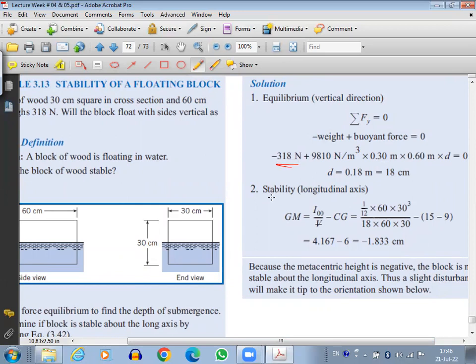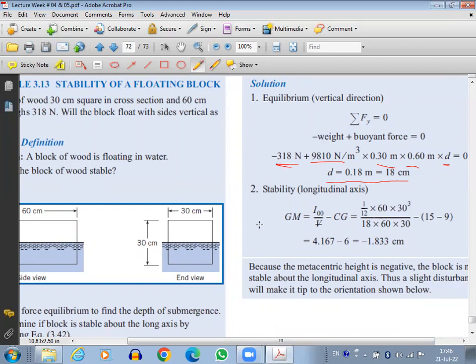The buoyancy force will be equal to gamma into volume displaced. Gamma of the water is 9810. Volume displaced of water will be 0.3 into 0.6 into D, since we don't know how much it has been immersed in water. If we equate these, we can find out that it is 18 centimeter immersed in water. So out of one side, which is 30 centimeter, 18 centimeter is immersed in water.